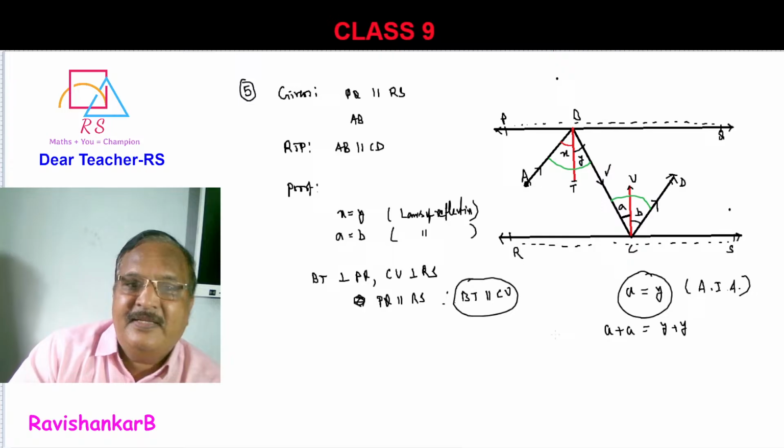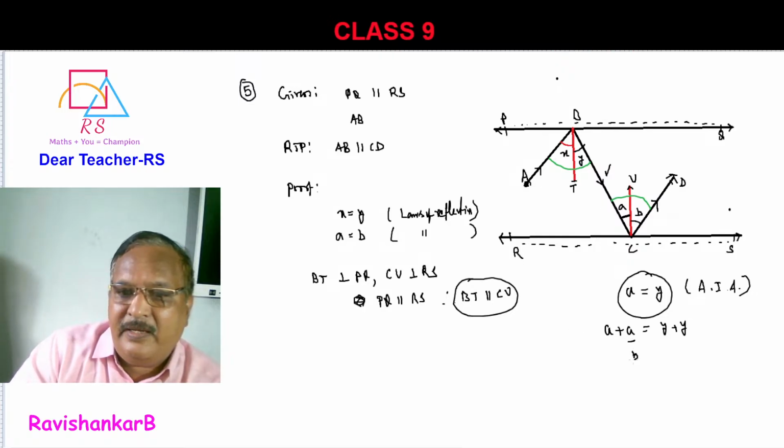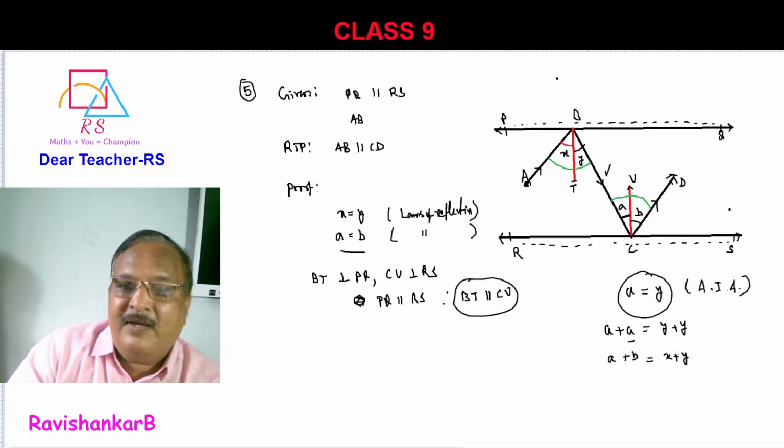Now in place of one a, I will write b, because a is equal to b. In place of one y, I will write x, because x is equal to y. So now a plus b is equal to x plus y.